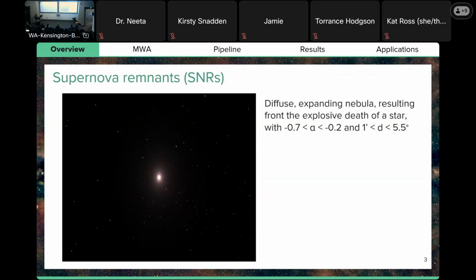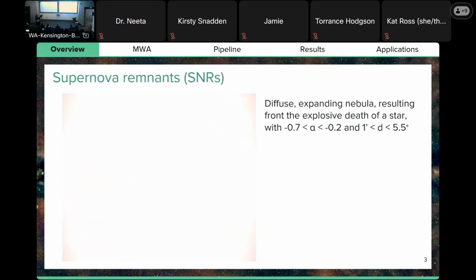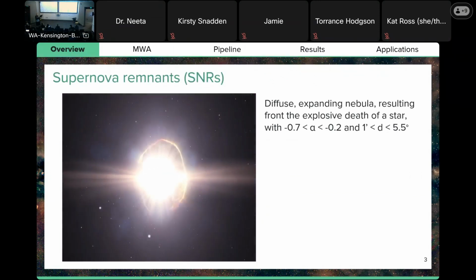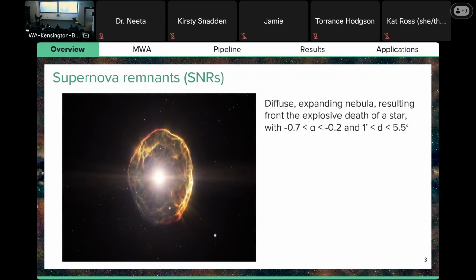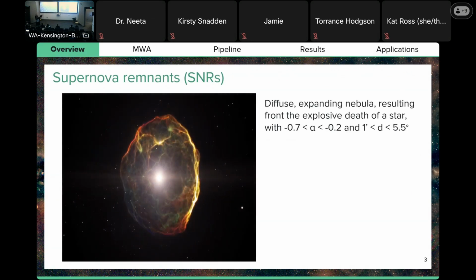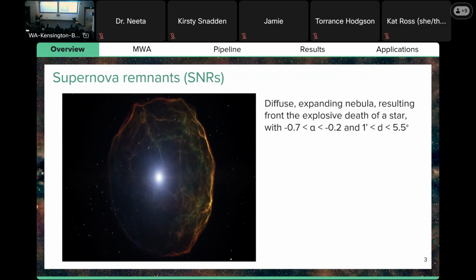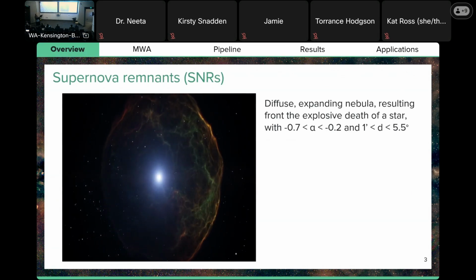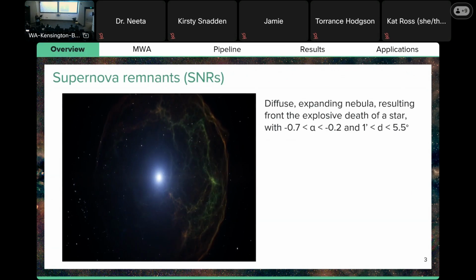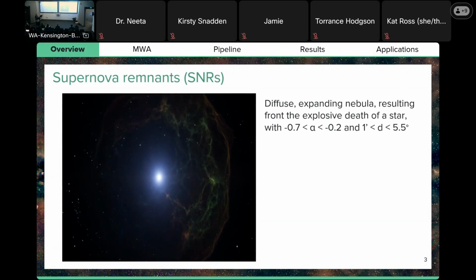So to move on, the sources that I'm mainly interested in are supernova remnants, of course. They are the final explosion when a star dies, and I study what is left over after this explosion. The shock wave that originates expands in the surrounding environment until it becomes part of it after hundreds of thousands of years.